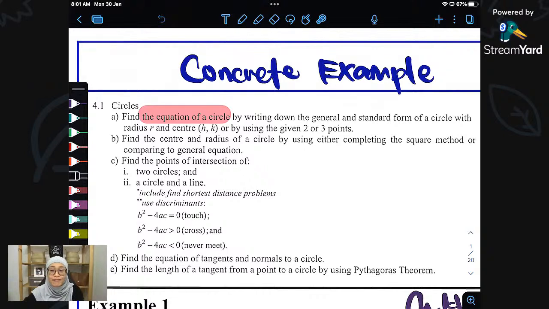Can you hear me, everyone? Can you post a comment there so that I know you are listening to me? Hello, Hazira, Amani, Hannah. Okay, so y'all can hear me then. Very good. Thank you very much.